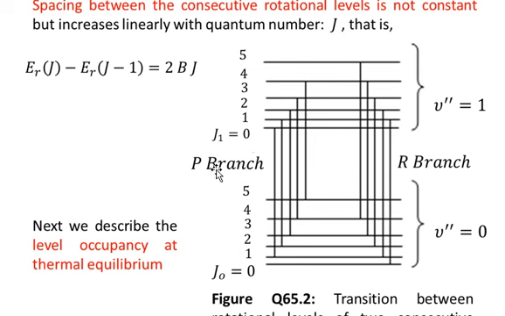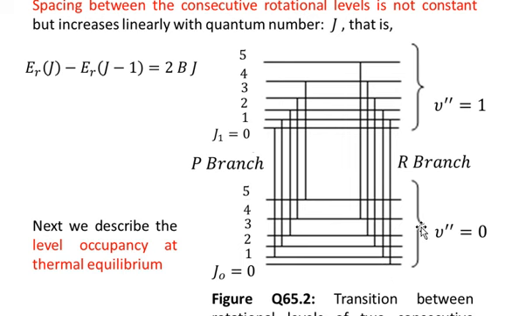Similarly, for higher vibrational levels, we can change the subscript from J0 to J1 to J2 to J3 and so on, corresponding to the increased value of the vibrational quantum number.